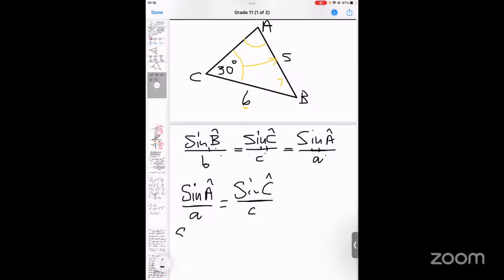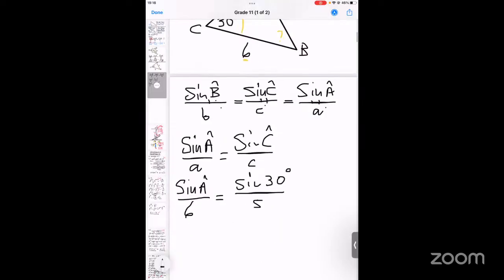So I will easily say sine of angle A over the side is 6. This should be equals to sine of 30 degrees divided by the opposite side, which is that. So that means I will cross multiply, meaning 6 will multiply that sine of 30 degrees that is being divided by 5.